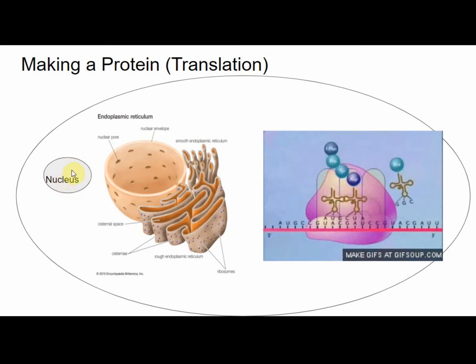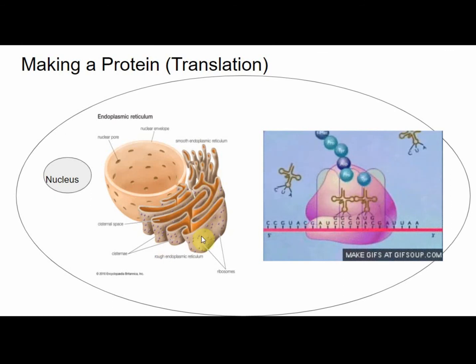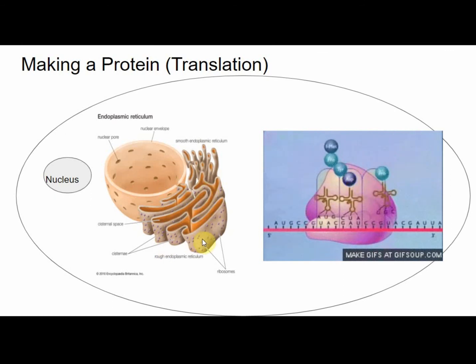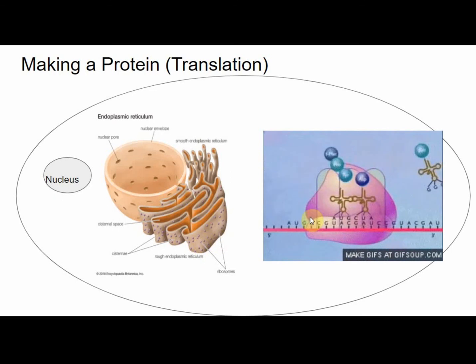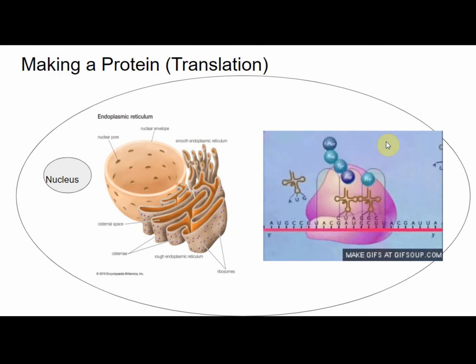So DNA is made in the nucleus and it's sent out to the rough endoplasmic reticulum where it has these ribosomes on it. If you highlighted in onto that ribosome, you would see this happening right here. It will grow and grow and grow with amino acids until the protein is finished and it's all good.